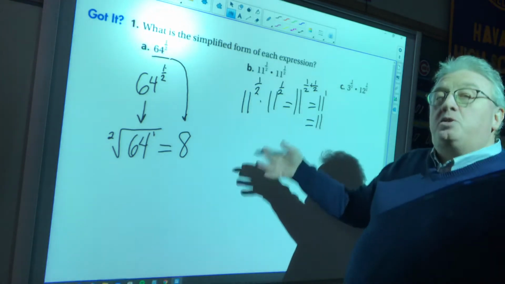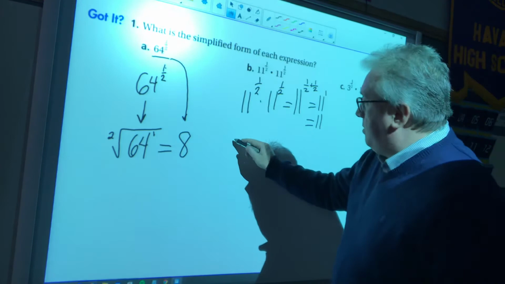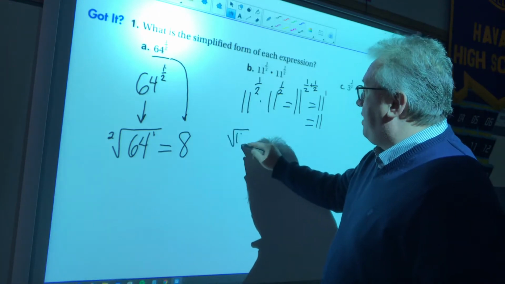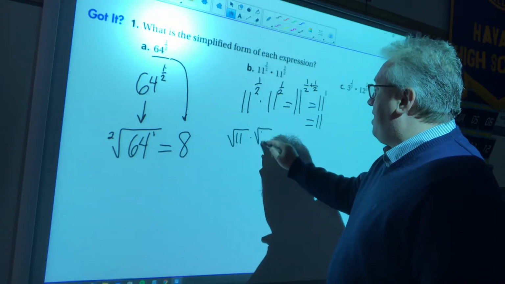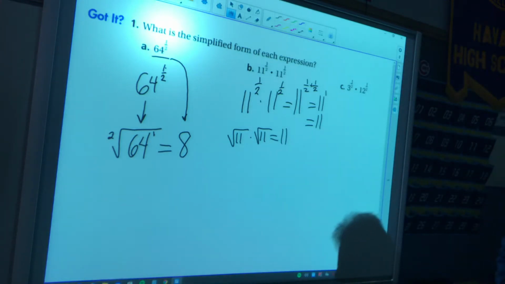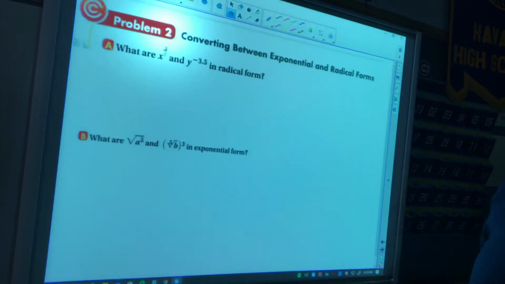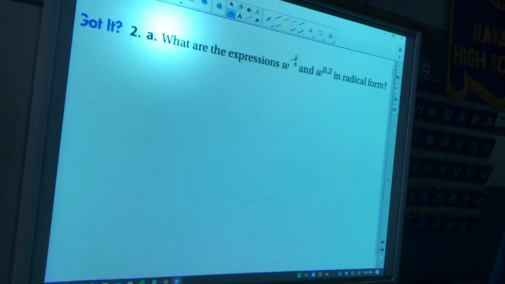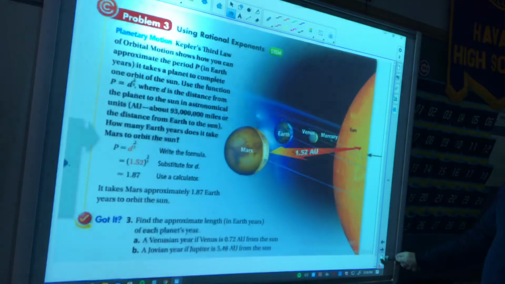If you convert it to a radical form, this would be the square root of 11 times the square root of 11, which is just 11. So not too bad. Let's move ahead a little bit.